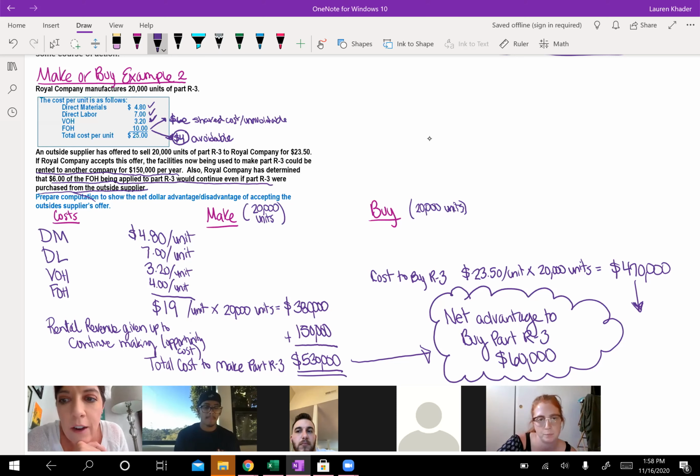The qualitative factor you might want to look at is the quality of the parts you're getting from that outside supplier. Is it going to maintain the integrity of the product you're making? Is it the same level of quality you're currently making, or better?